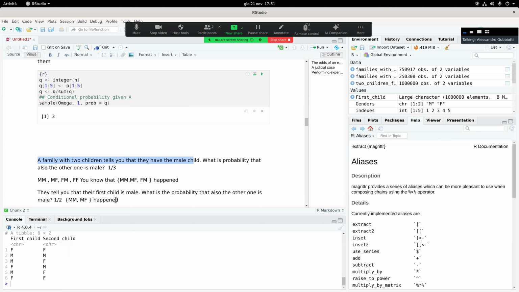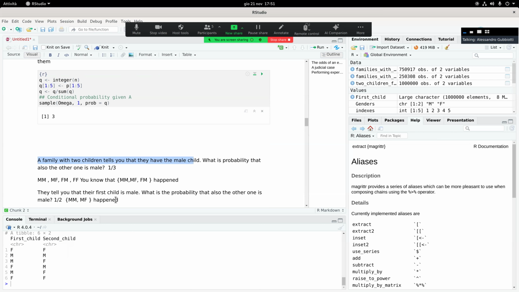I want to take only the families that have one male child, or more. Sorry, so let me write it.